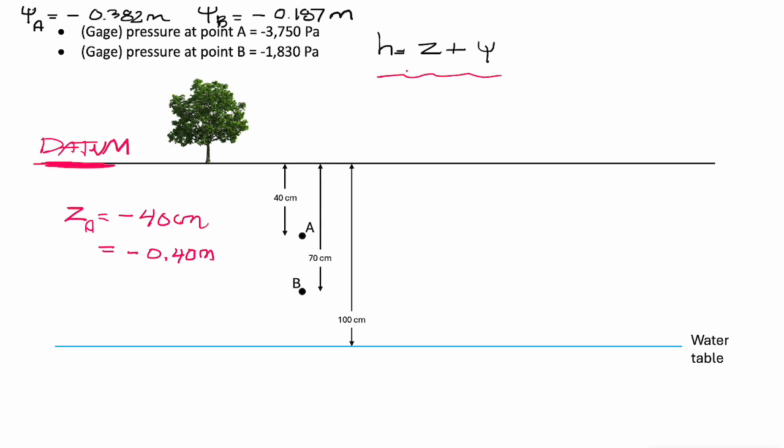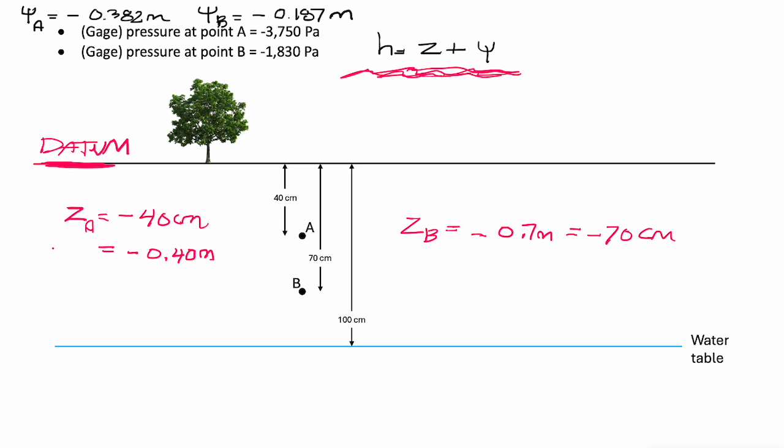Remember that in this equation, both Z and psi have to be in the same units in order to add them. Psi is in meters, so I'm going to give Z in meters too. For B, I can again by inspection say that the elevation head of B is 70 centimeters or 0.7 meters beneath the surface, so the elevation head at point B will be negative 0.7 meters. It's the same thing as minus 70 centimeters.